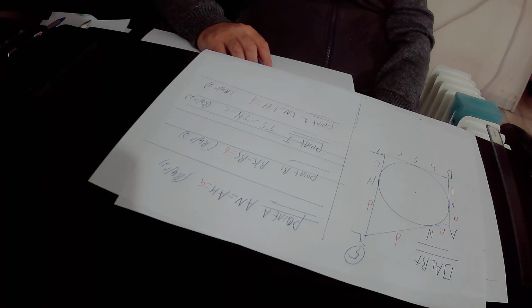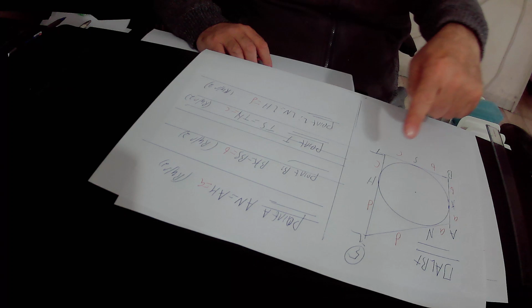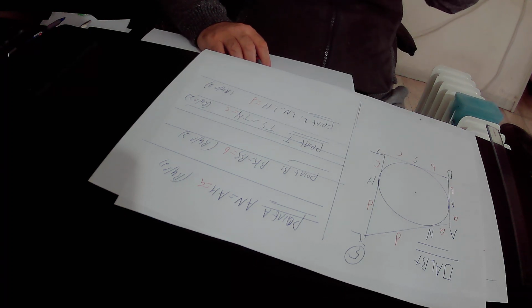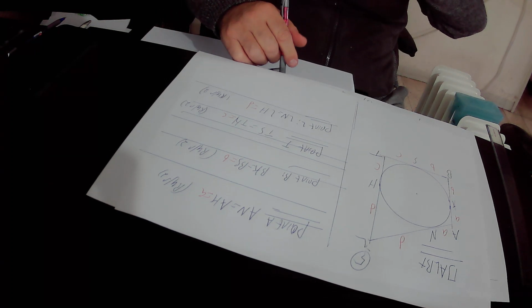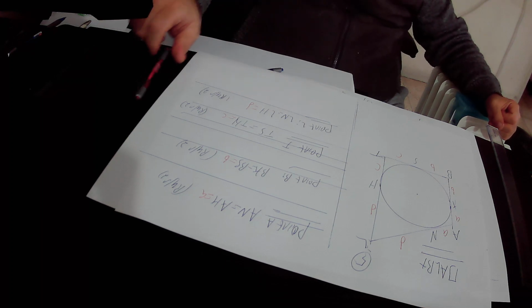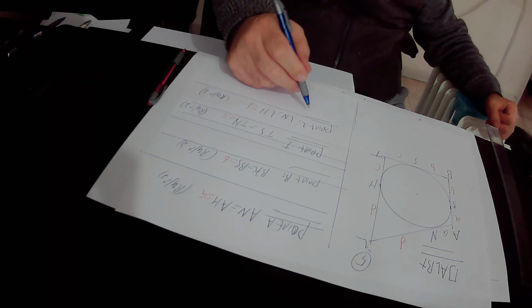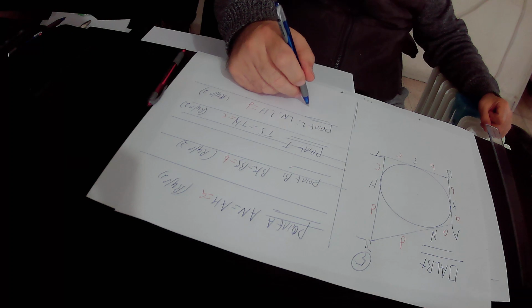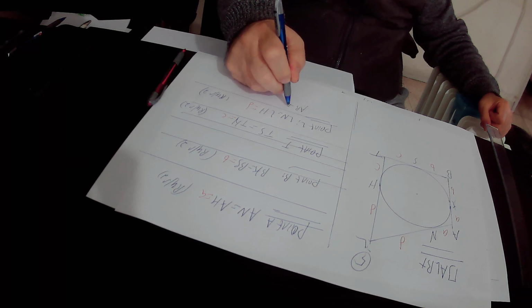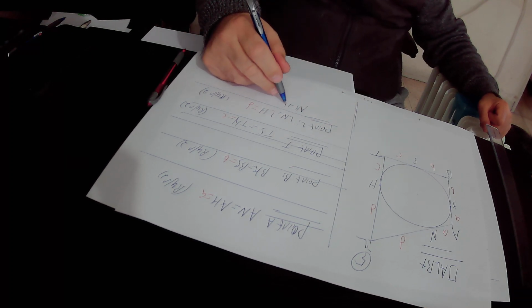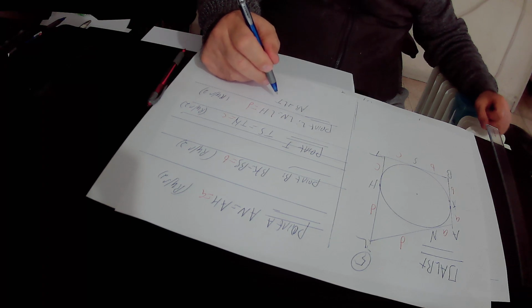In the next step, we'll add side AB to the opposite side, side LT. What is the value of AB plus LT?